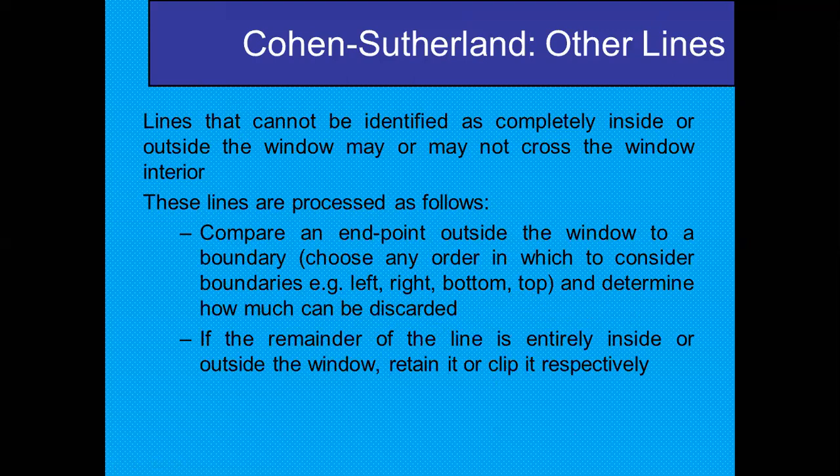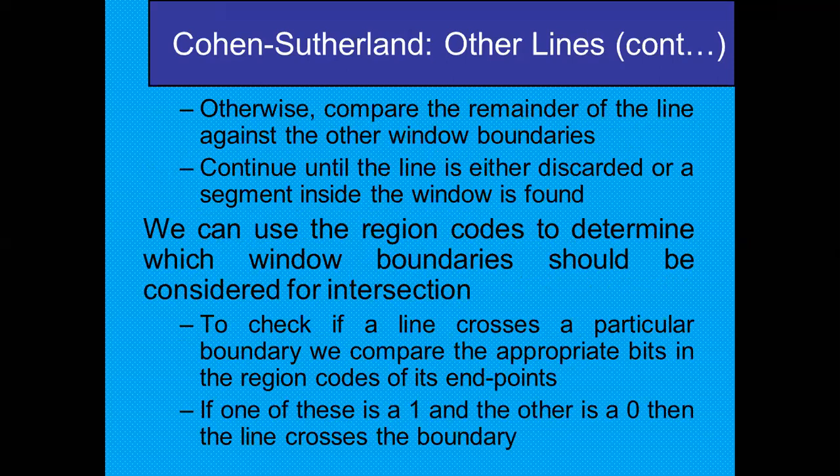Now, if the remainder of the line is entirely inside or outside the window, retain it or clip it. If it is entirely inside, then retain it. If it is outside, then clip it. If it is passing through the window edges, then there is a need to clip. Now again, compare the remainder of the line against the other window boundaries.